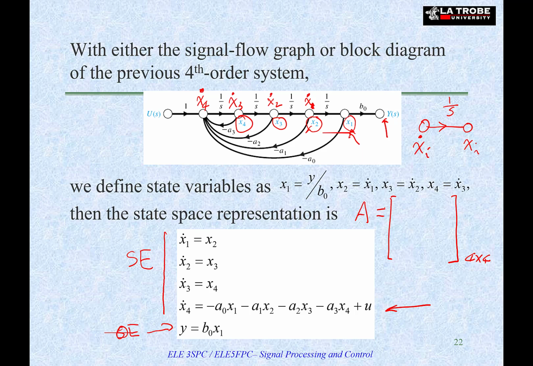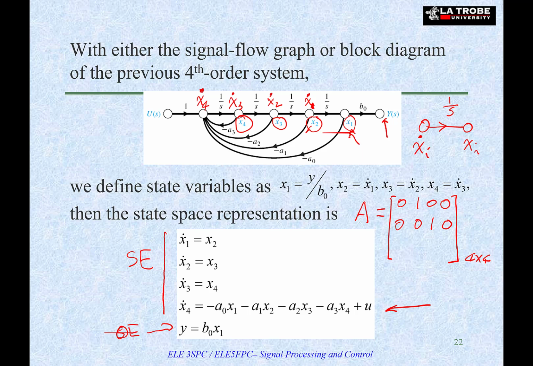The first row of matrix A should come from the first equation of SE. The second row of matrix A comes from the second equation of SE. It is like this.